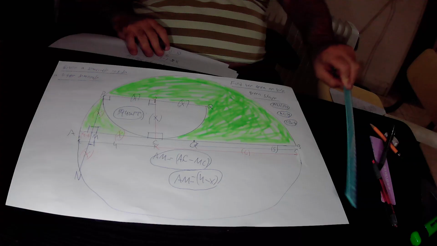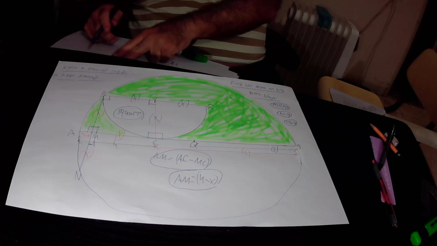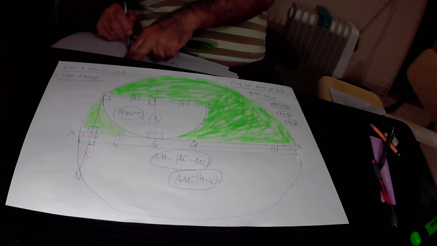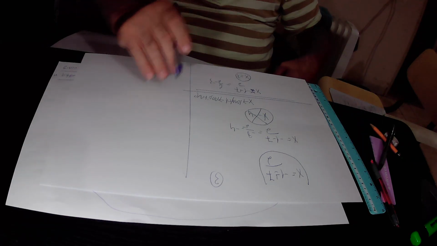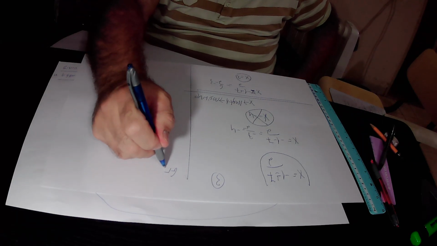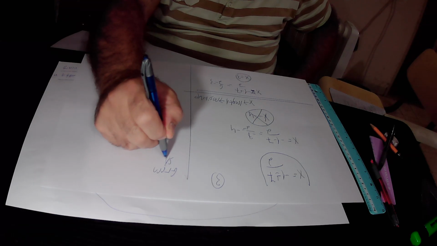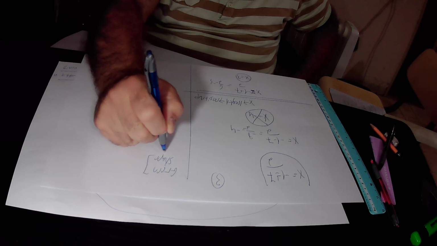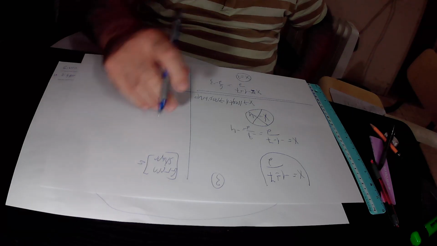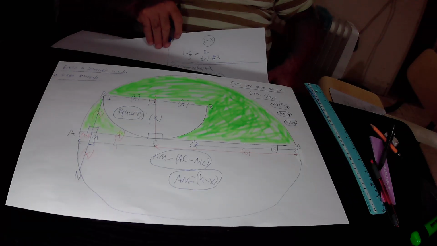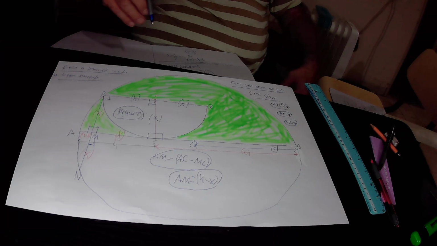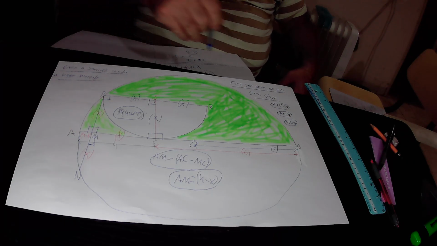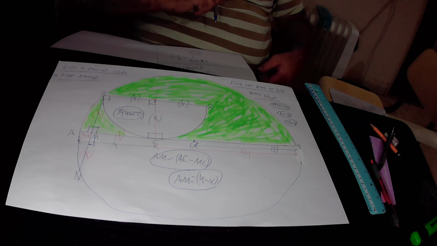So what is the area of the green shape? From the drawing, it is very easy to see that the area of the green shape in total must be equal to the area of this big semicircle minus the area of this small semicircle.